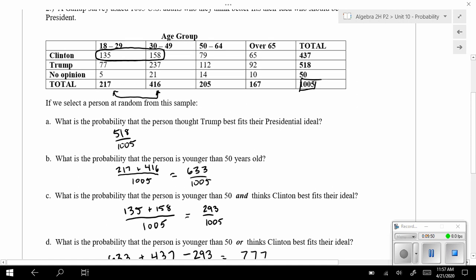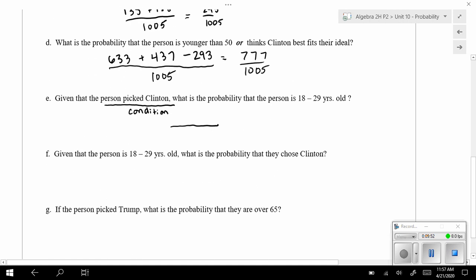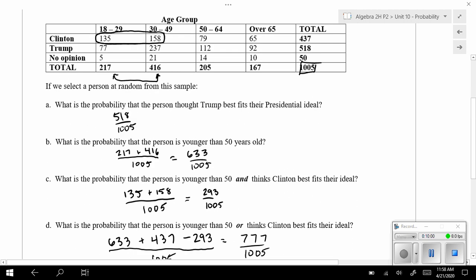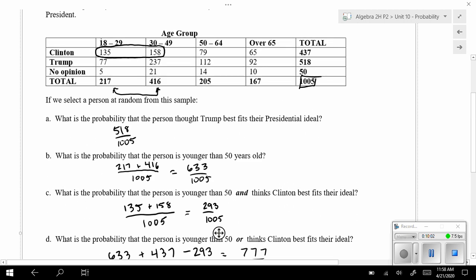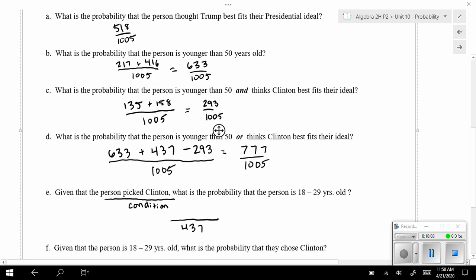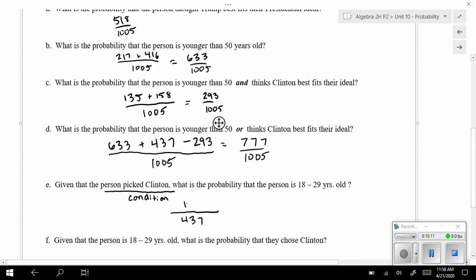And again, that's 437. So of those 437, what is the probability that the person is 18 to 29? So now that's going to be this value over here out of 437. So 135.